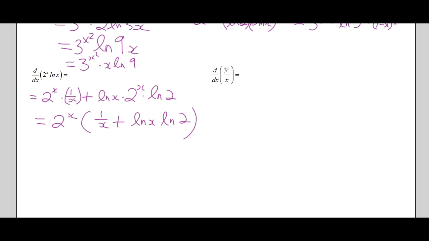It's better to combine this, so let's get an x as a common denominator. If I'm going to throw this over x, then I just have to throw an x up here, right? So we got 2 to the x, then we got 1 plus x ln 2 over x.